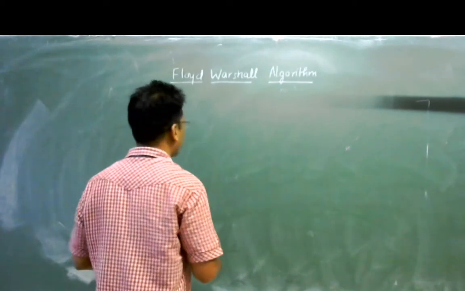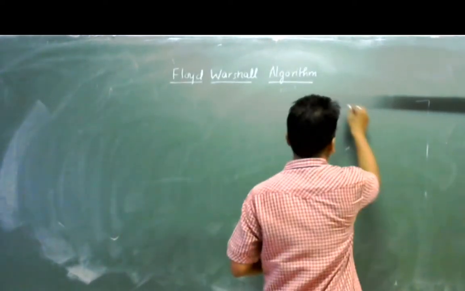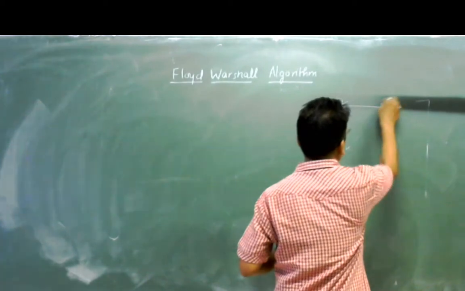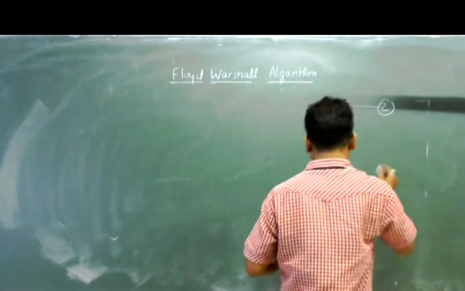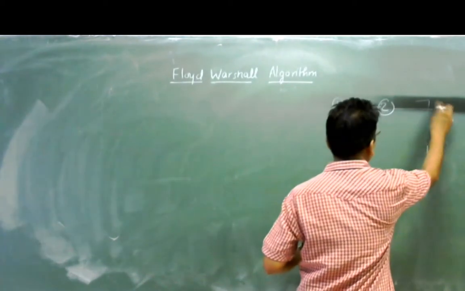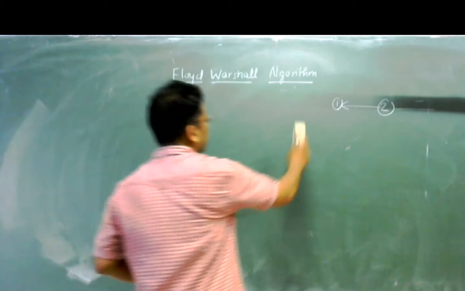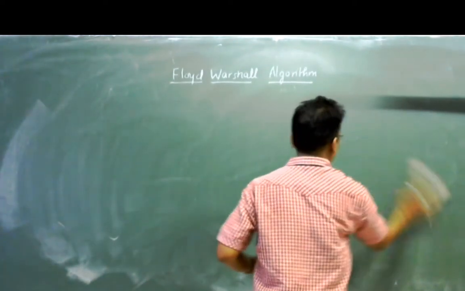So I am drawing the graph. The graph is like this: 1, 2, and just a second. I am drawing this on this.